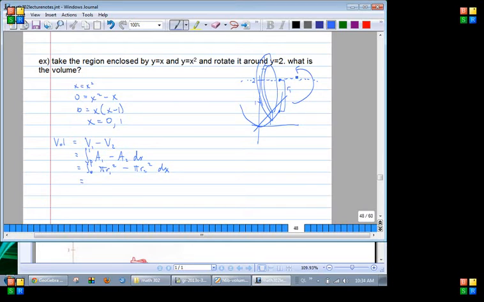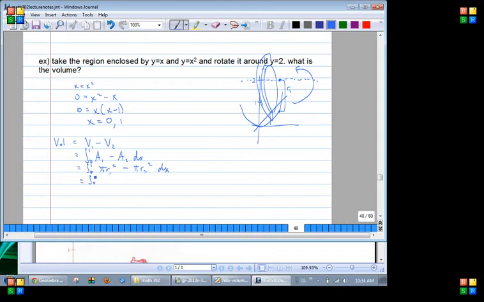You could think of it either as x squared minus 2 or 2 minus x squared. It turns out that it's a radius and we're going to square it, so it doesn't matter. However, to always be safe and consistent, you should always take the bigger one minus the smaller one. It just so happens that here we're going to square it, so it won't actually matter.